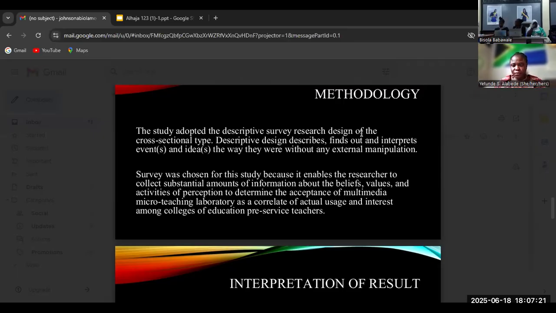I used my instruments with the help of research assistants. These are some of those students on the field. In another field, I contacted some of the lecturers who got me some students who worked with the instrument. So there was no intervention, there was no manipulation of the data. But what do we see?